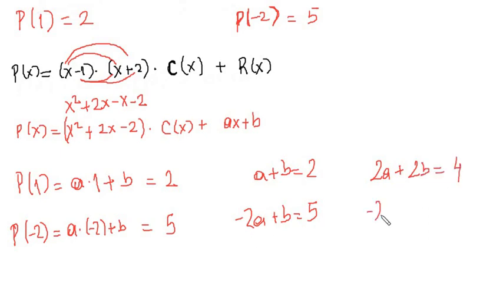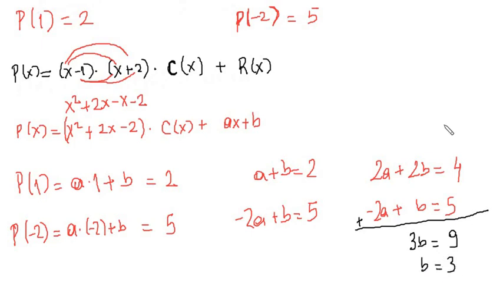And then we have negative 2a plus b is equal to 5. If we add these side by side, the 2a minus 2a is going to be 0. And we have 2b plus b, which is 3b. 4 plus 5 is equal to 9. If we divide both sides by 3, we get b is equal to 3.